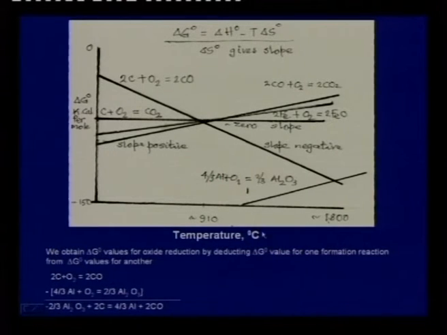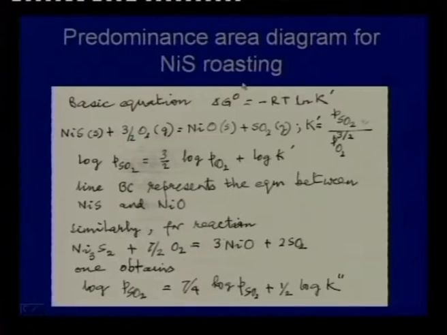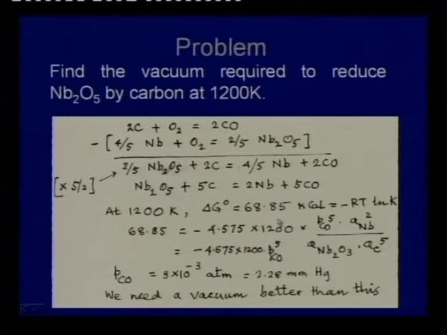We have discussed this in more detail with reference to some oxidation reactions, the application of the Ellingham diagrams, and how we generate these stability diagrams. I would not go into all this. I have given an example of application of vacuum, when vacuum is required, and you can calculate what kind of vacuum we need for a reaction to happen, which normally will not happen.